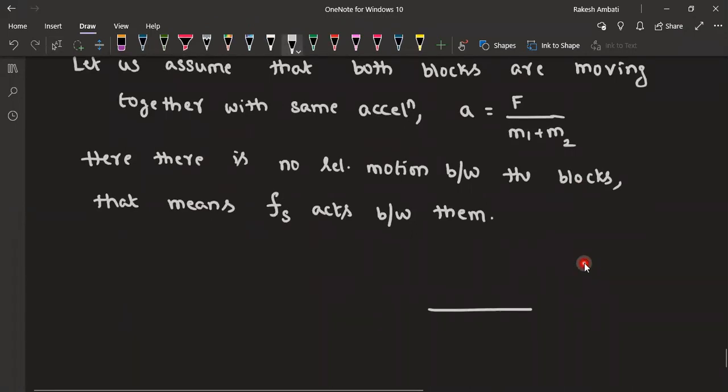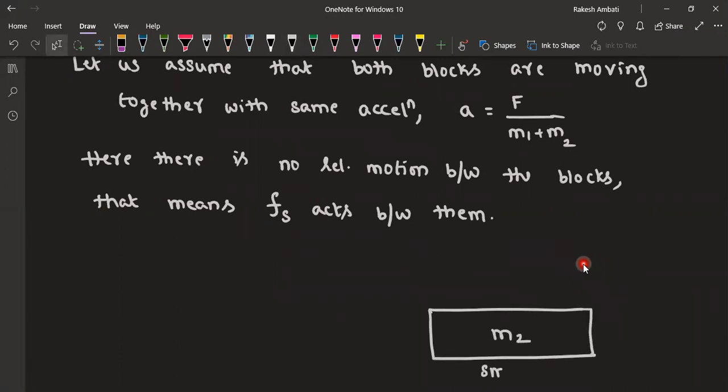So here it is the bottommost block M2. In the case of M2, this bottom surface is a smooth surface, and here it is the M1 block. Now applied force is acting, and both are moving together with the same acceleration. On which block is the force acting? On M1 block.